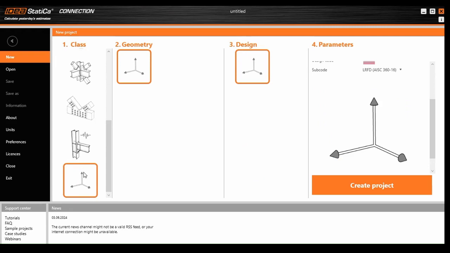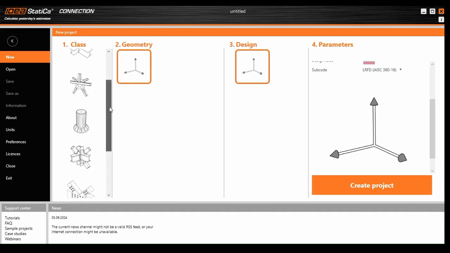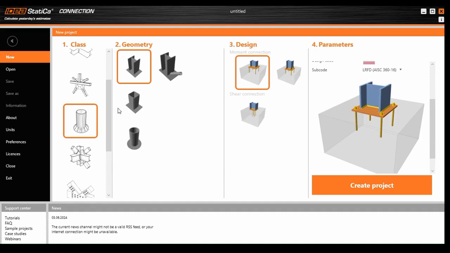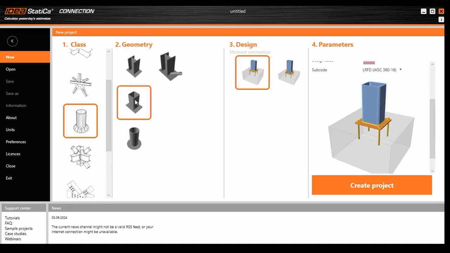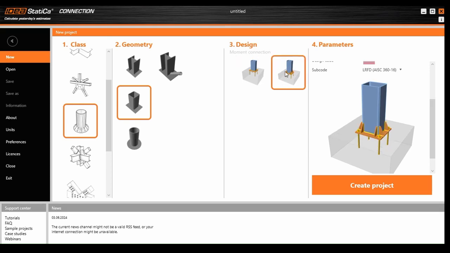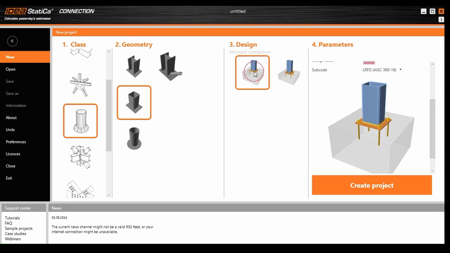It gives you a blank 3D space, and with some provided modules you can define the kind of connection you have in mind. In our case, which is a column-base connection, we get back to this part and choose a box-shaped column. Then on the right side we have two options. One is provided without stiffness, and the other is provided with some stiffness. I choose without stiffness because I want to define them manually by myself.